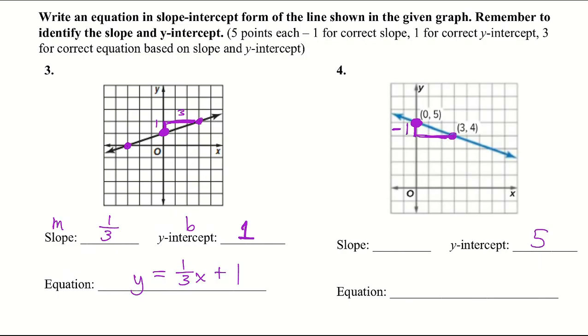Since we went down, it's a -1, and we went right 3, so my slope is -1/3. Then just write y equals your slope, plus 5. It's interesting they have the exact same slope. I did not plan that. Oh well, moving on.